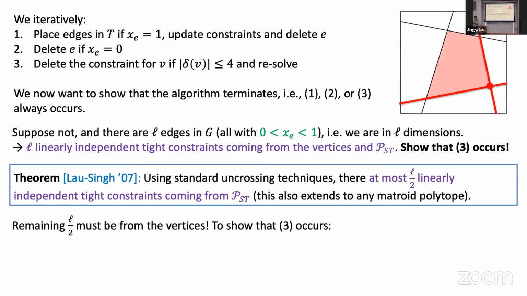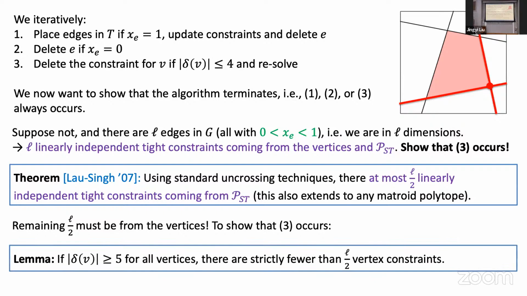So if we're in this situation, it must be that the remaining dimension over 2 constraints come from the vertices. And now we just want to show that condition 3 is going to occur. To demonstrate this, all we need to say is that if every vertex has degree at least 5 in the remaining graph, then there are strictly fewer than L over 2 vertex constraints remaining at all.